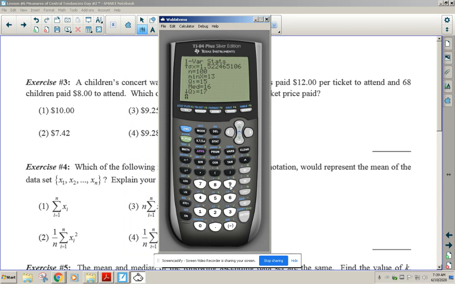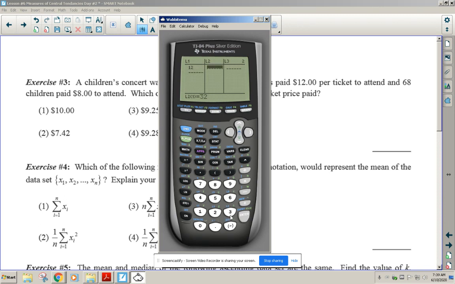So let's go second memory 4. And if you go into your lists, you have first that there were 32 adults and they paid $12 per ticket. But here's where you would have to say, all right, the $12 tickets happened with the 32 adults.